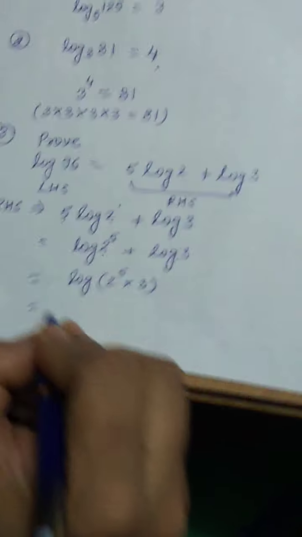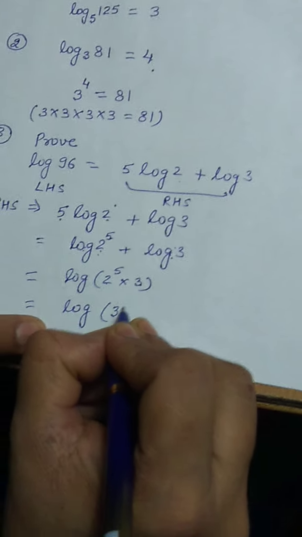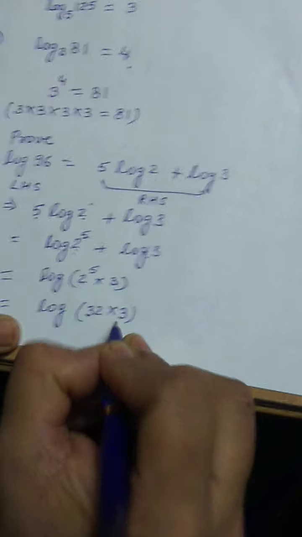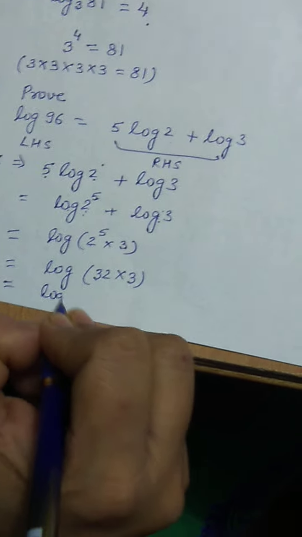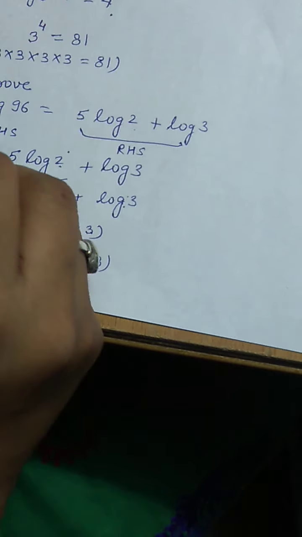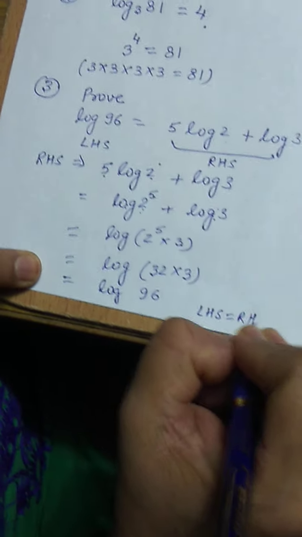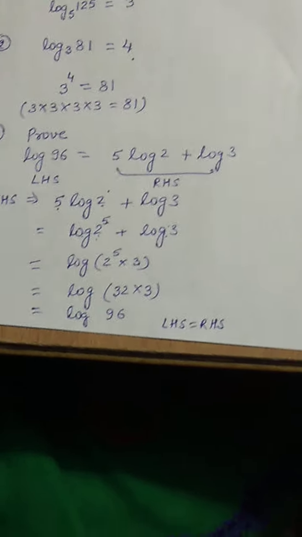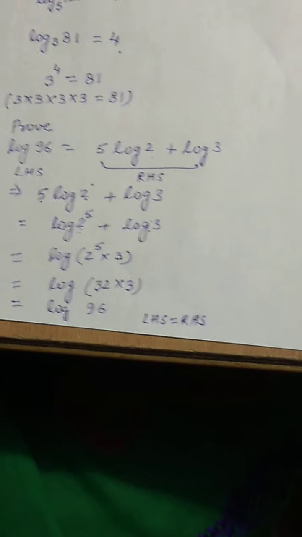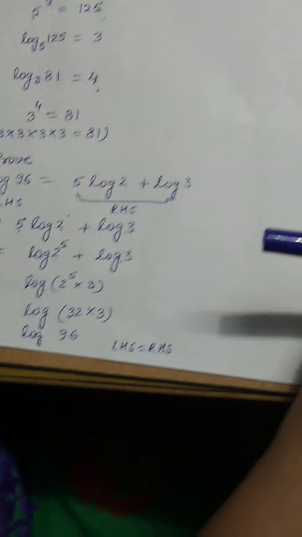So we have log of 2 to the power 5, which is 32, into 3, and this is log 96. Hence proved, LHS is equal to RHS. One other example we will take here is, okay, this is finished now.